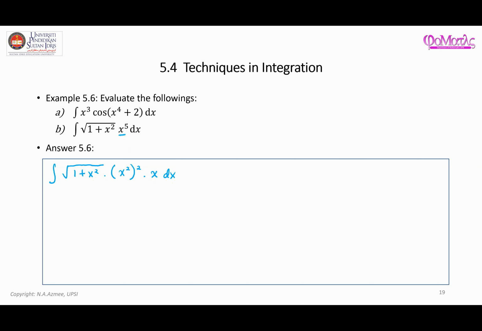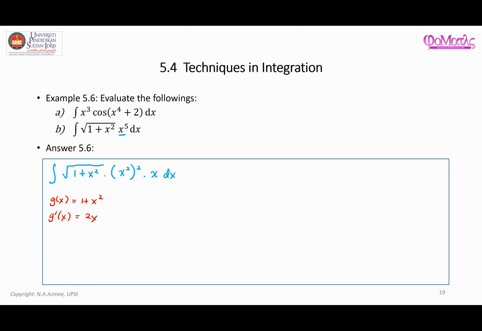Now what I can do is use substitution. Before I do, I hope you can see the reason why I'm using it, because you can see that this could be my g(x). So my g(x) is 1 plus x squared, and so g prime of x is going to be 2x.